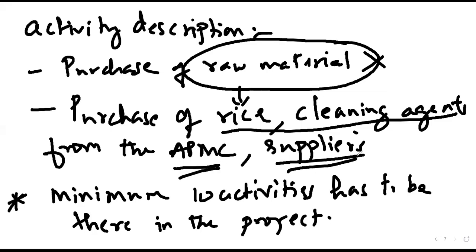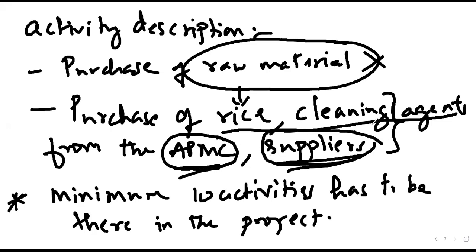So that when we are looking at the duration of the activity, I can exactly know, at least guess, whether it is practical or not. So it has to be clear as to what is the source of purchase. Naming is not required, but at least what is the source? Are they suppliers or retailers or any other government agencies? That has to be clearly mentioned. Okay, sir.